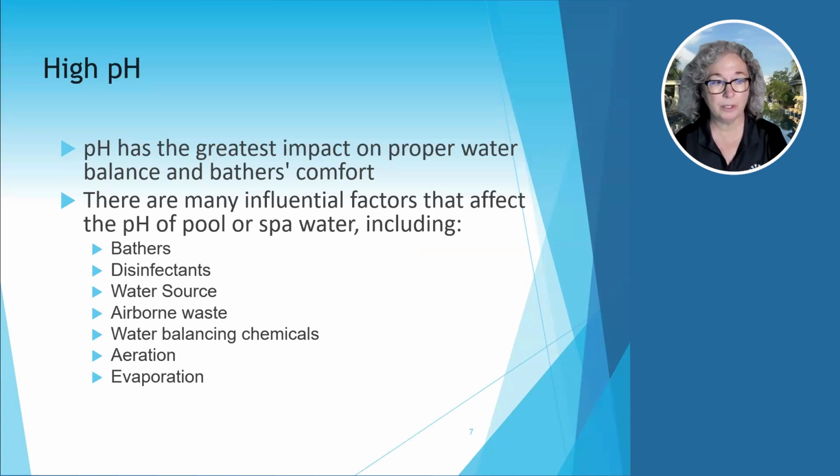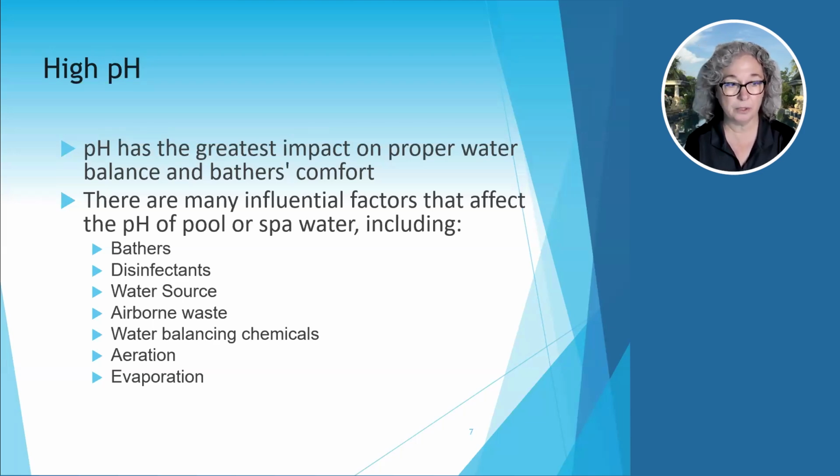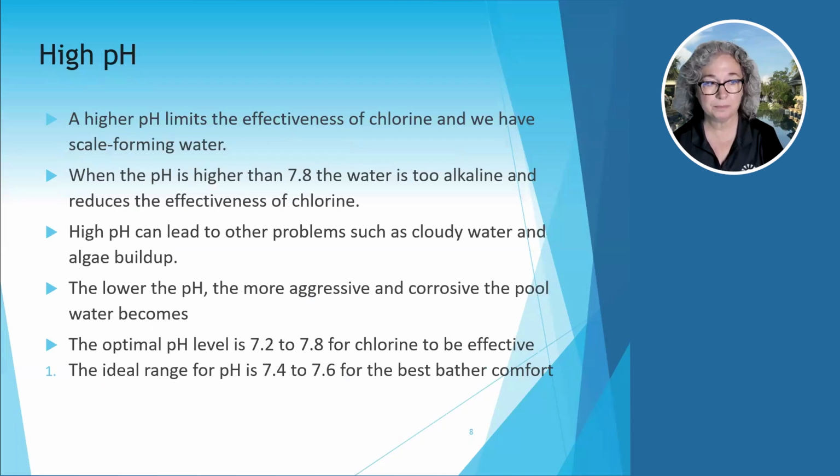Your water source, is it city water? Is it well water? That introduces a lot of factors into the pool water and it affects your pH and chlorine. Airborne waste, water balancing chemicals, aeration, and evaporation all affect it and can give you a high pH in the pool water.